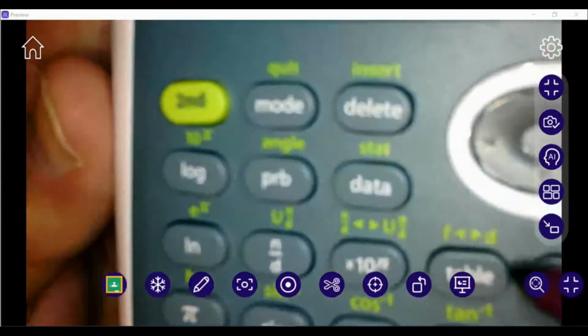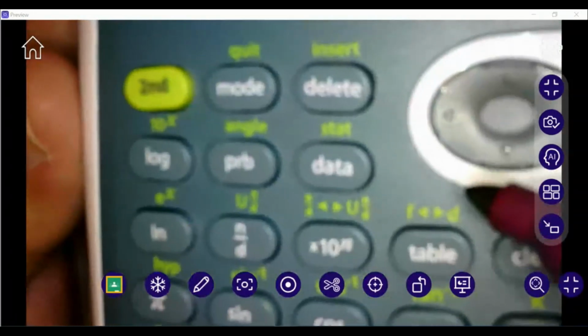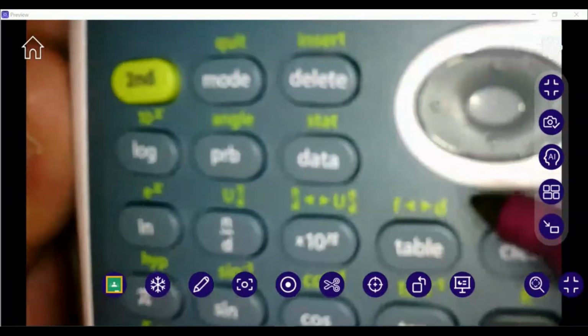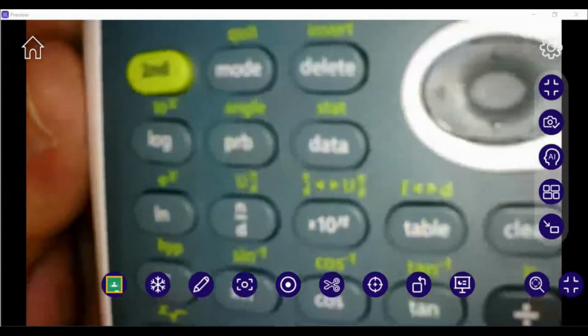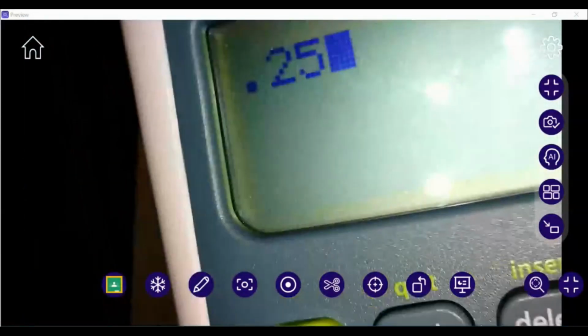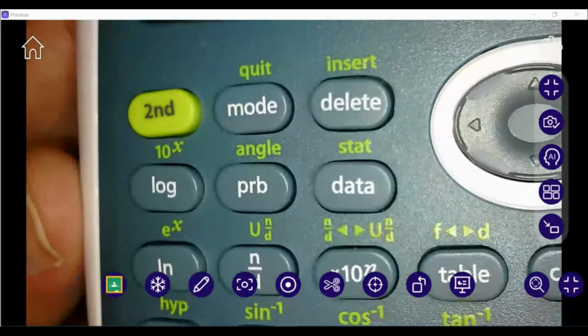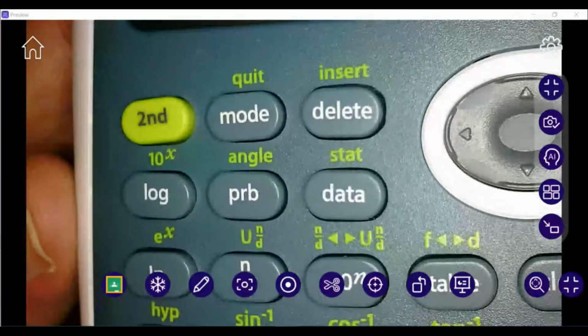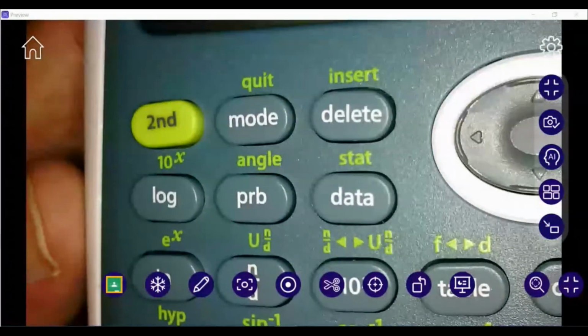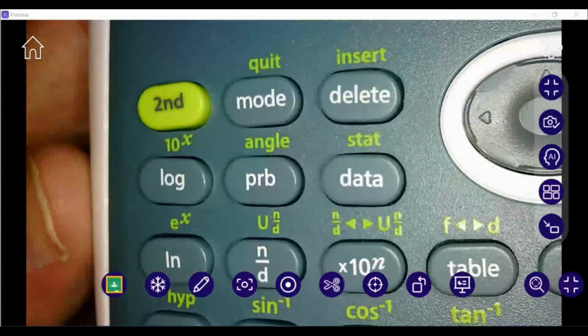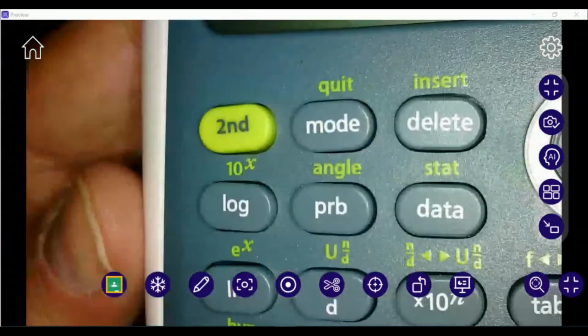This marking right here is an F with an arrow going back and forth and a D. That stands for convert fraction to decimal or decimal to fraction.